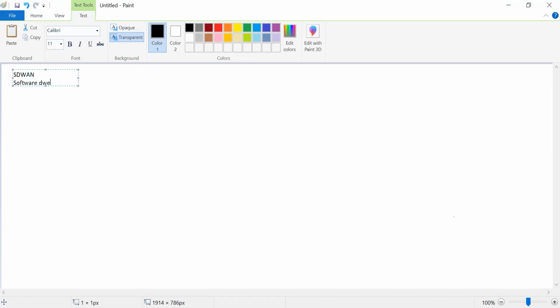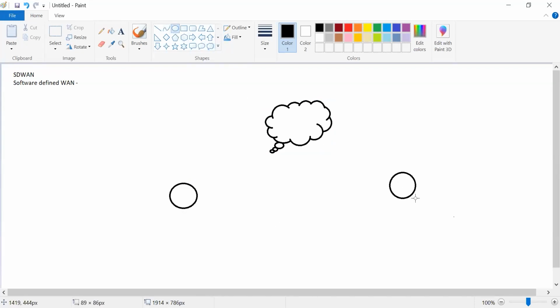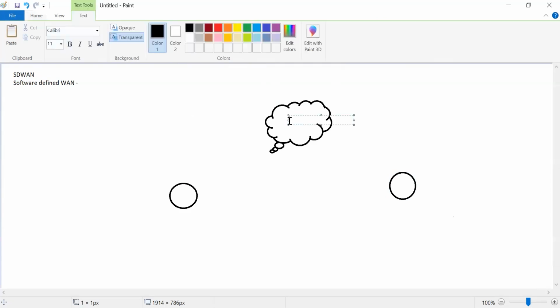It's the software defined wide area network. Basically, we are embedding software-based things across the WAN. When I say WAN, usually the topology that you see in a real-time network, for example, if you are sitting in your office, or all of us sitting in this session today, we are connected on an internet line, ISP.